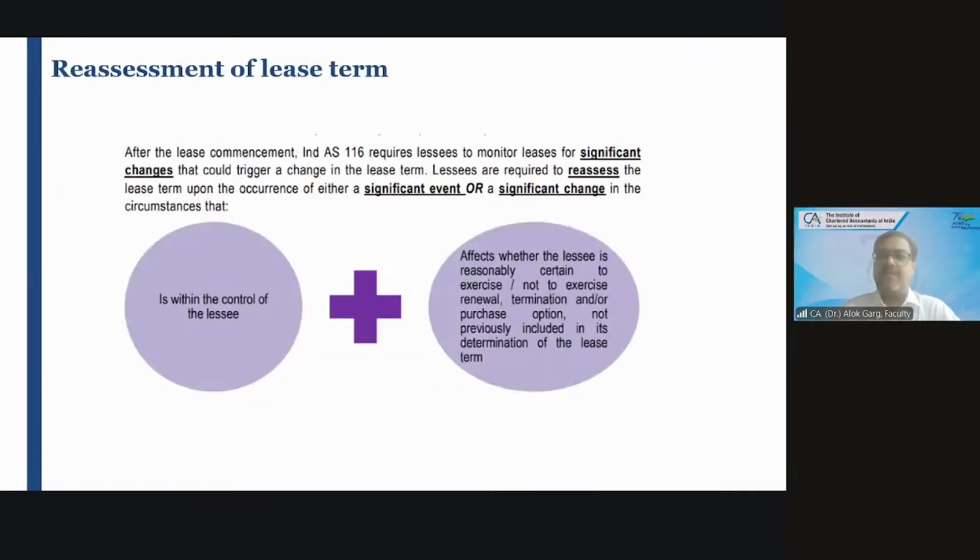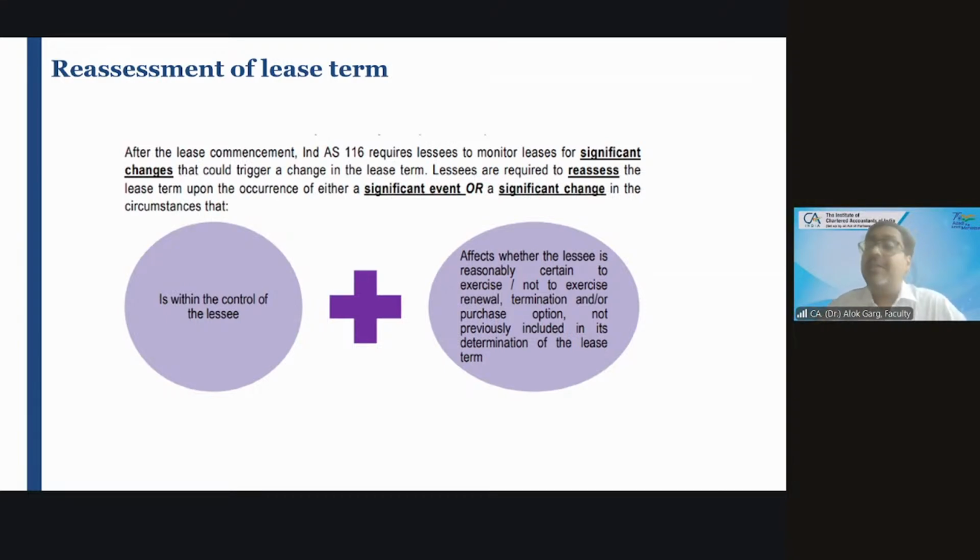So friends, reassessment of the lease term. Of course, you need to reassess the lease term if subsequent events are impacting your lease term. For example, when you started your lease, on the commencement date, there was an optional renewal period and the lessee was not reasonably certain to exercise the optional renewal period.